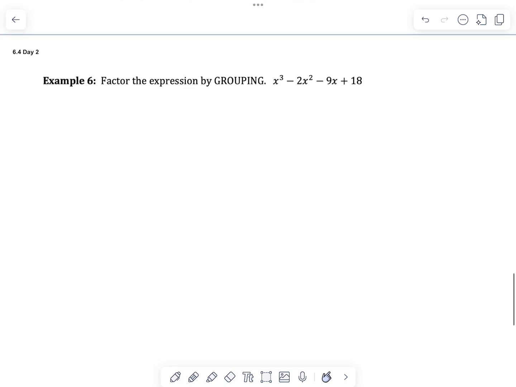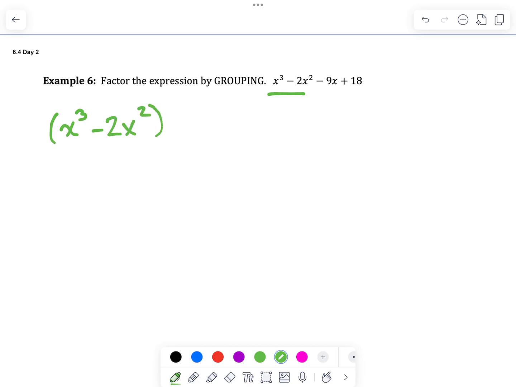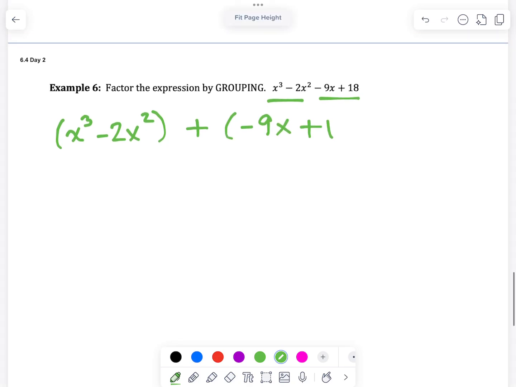Here's another example of factoring by grouping. So we group the first 2 terms together, x cubed minus 2x squared. Then we group the second 2 terms together. And then we factor out their GCFs. So the GCF of that group is going to be x squared.